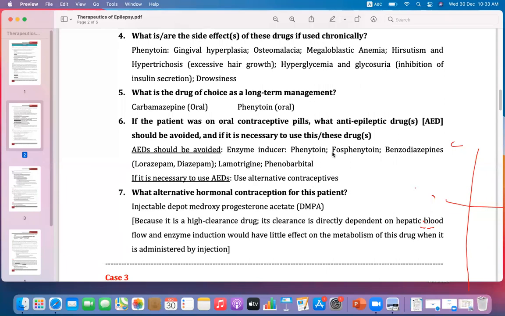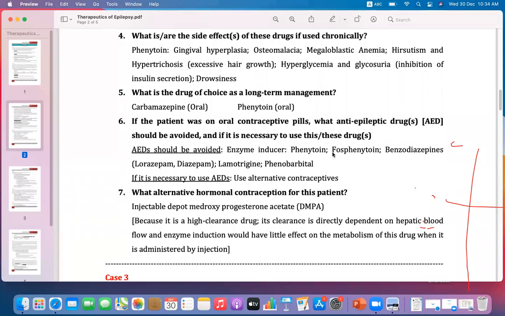Now, as the name says, it is injectable. So this medication is given by injection, and it is just one injection for 3 months. One injection is for the 3 months.